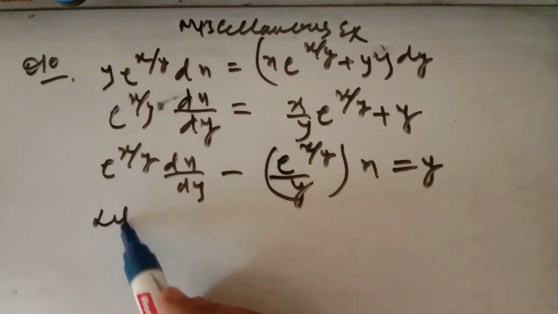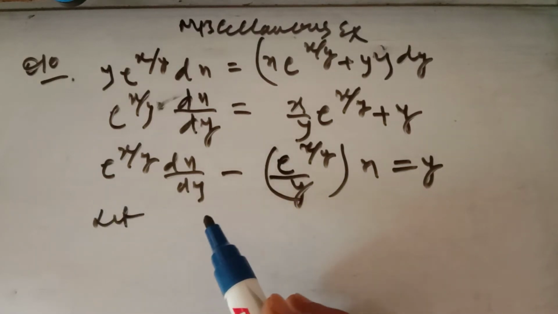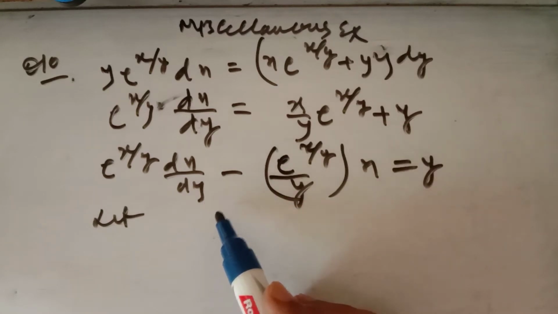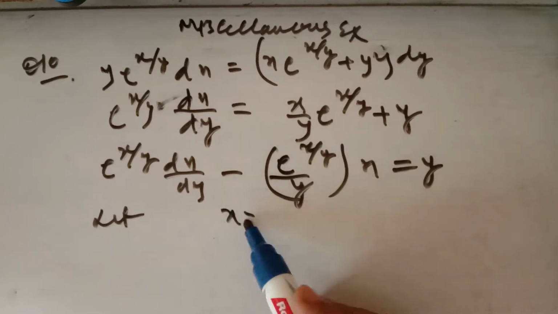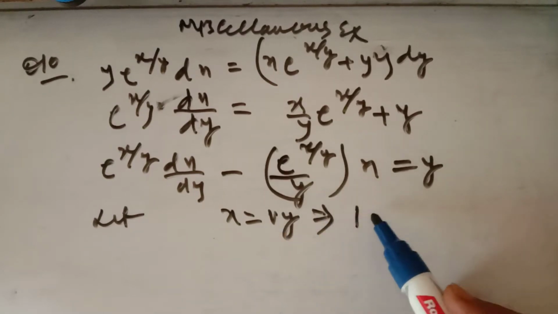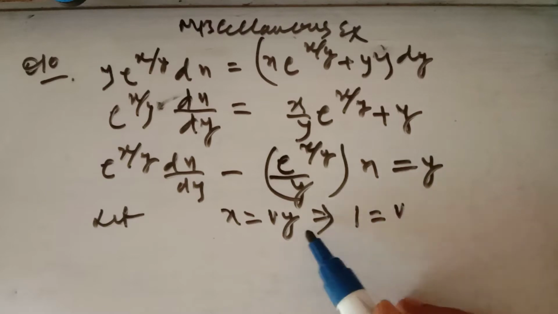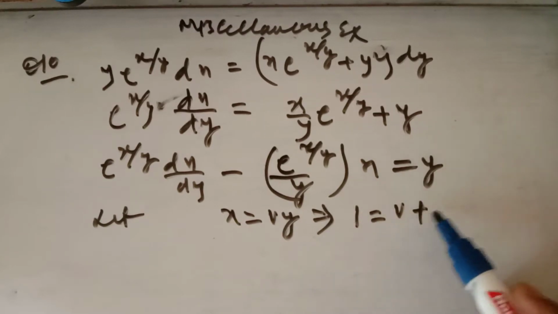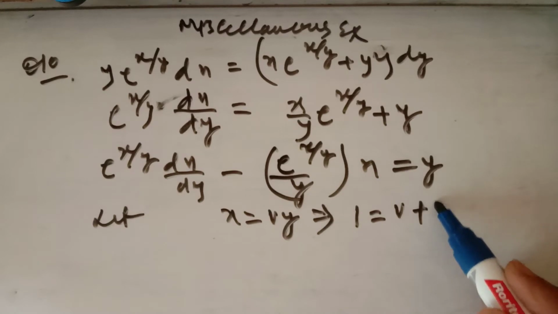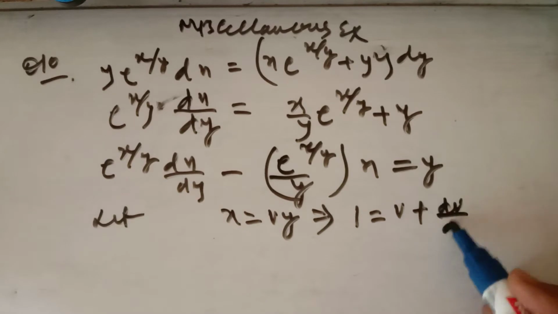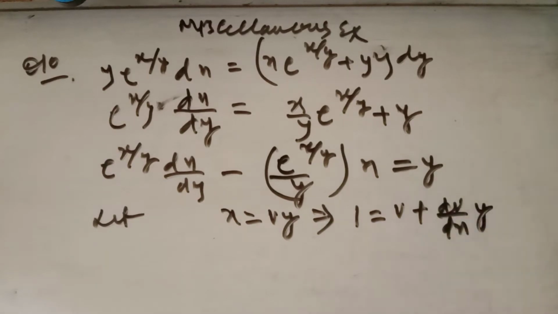Whenever it is a homogeneous differential equation of second type, you let x equal to vy and find the value of dx/dy.